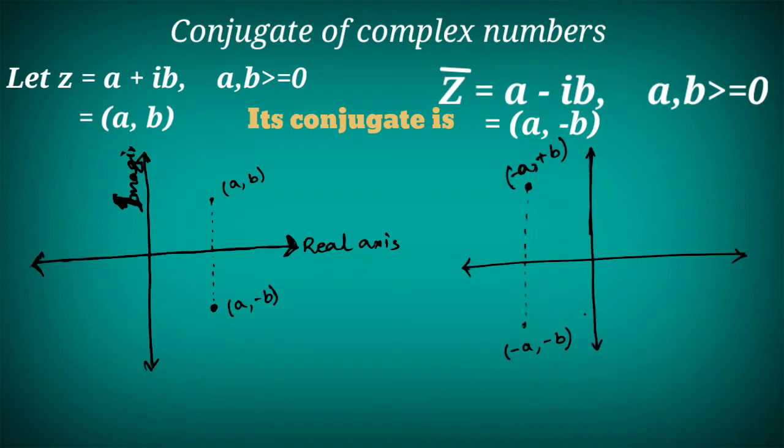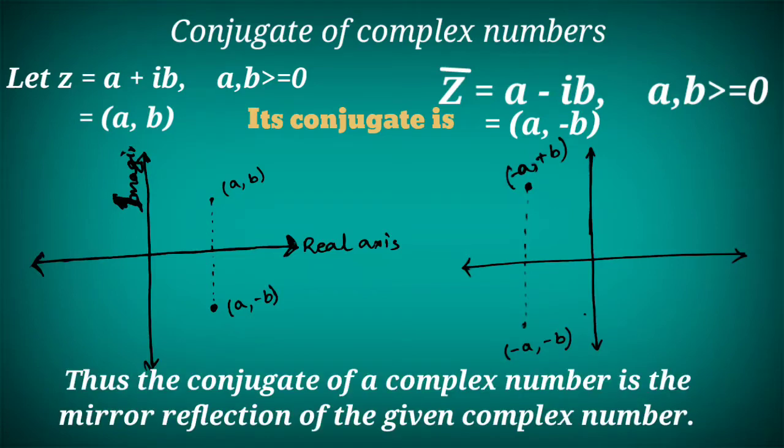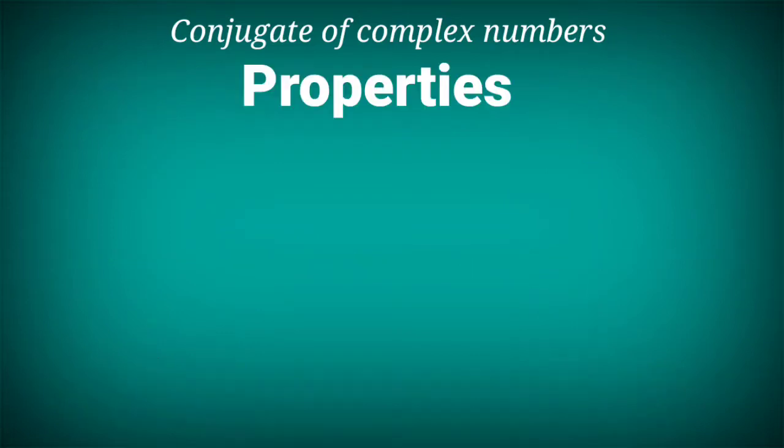So in every case, the complex number and its conjugate are mirror reflections about the x-axis. Now the properties of the conjugate of a complex number are as follows.